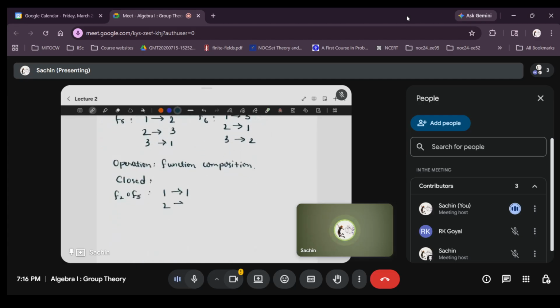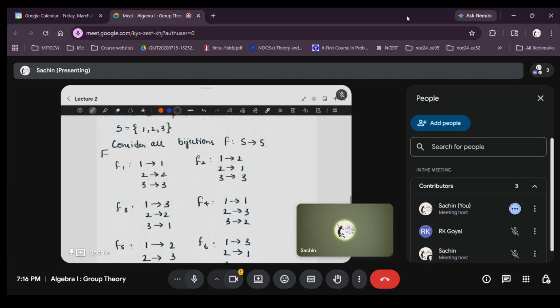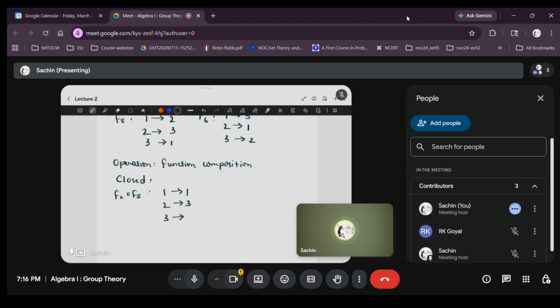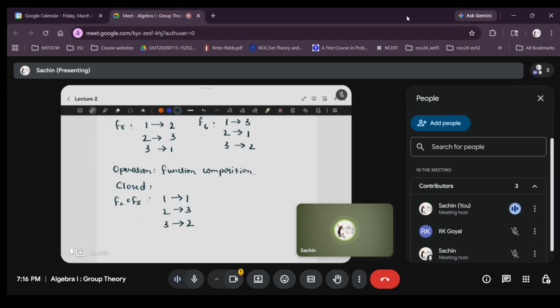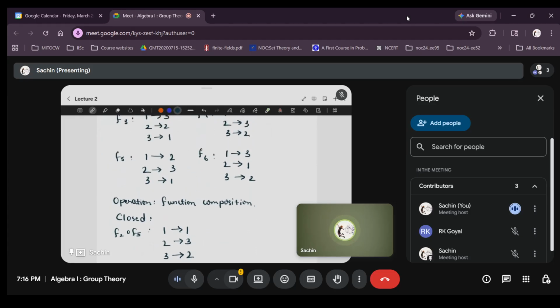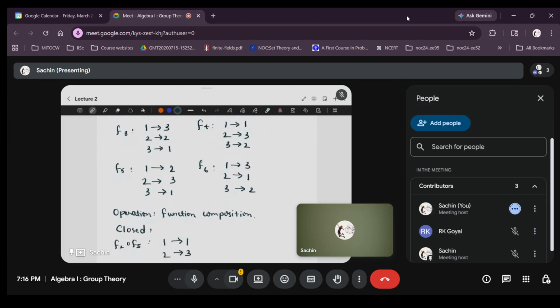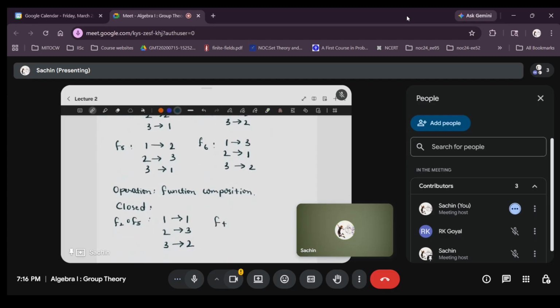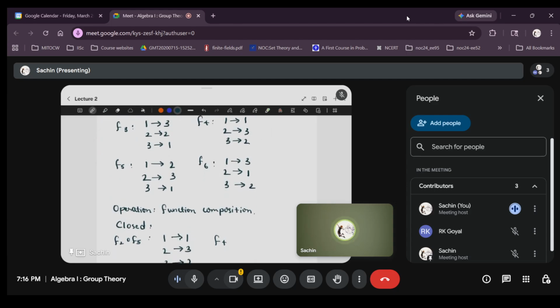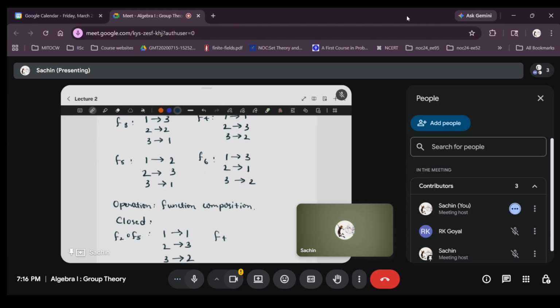So F2 composed with F5 sends 2 to 3. And F5 sends 3 to 1. F2 sends 1 to 2. So F2 circle F5 sends 3 to 2. But if you observe, this is nothing but the function F4, which fixes 1 and swaps 2 and 3. So the composition of two of these elements is again an element of the set F.